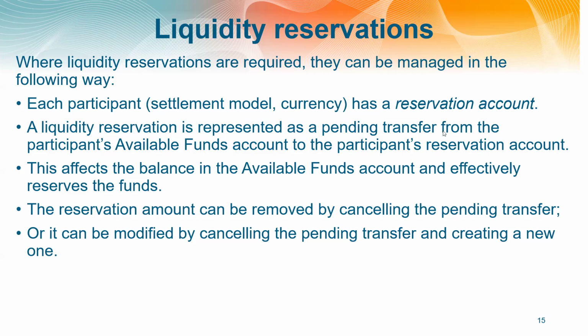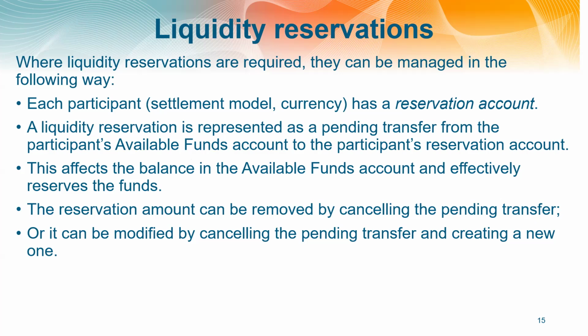Sorry, my idea is that is managed by this proposal, which I hope you're seeing on the screen. So there is a reservation account, let's say, for a participant, or it could be a single reservation account. And when I want to set a limit, let's say I have 100,000 in my settled funds account, and I want to reserve 50,000 of that.